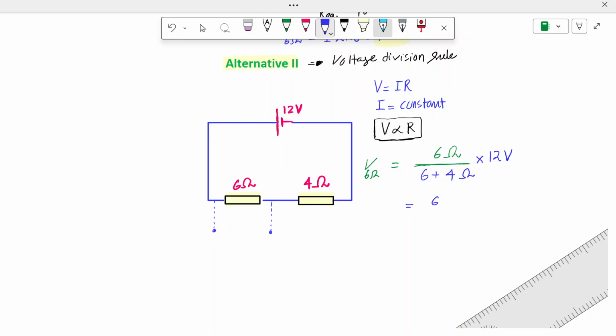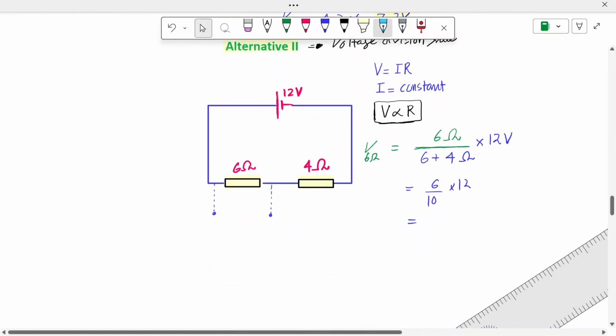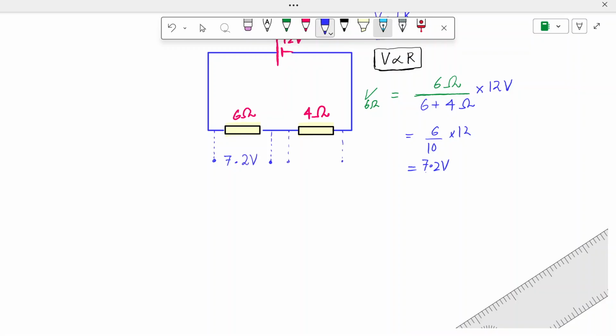So that is 6 over 10 times 12, which is once again the same value you calculated earlier, sorry, that is 7.2 volts. And what is the voltage across the 4 ohm? That should be 12 minus 7.2, so 4.8 volts will come across it.